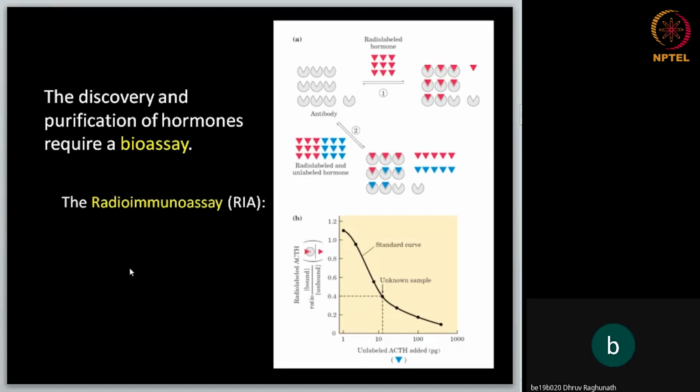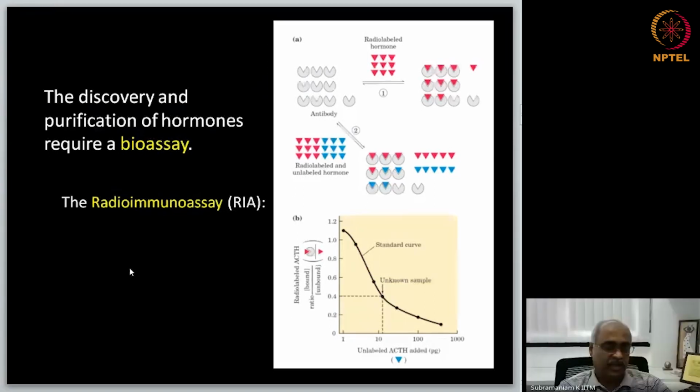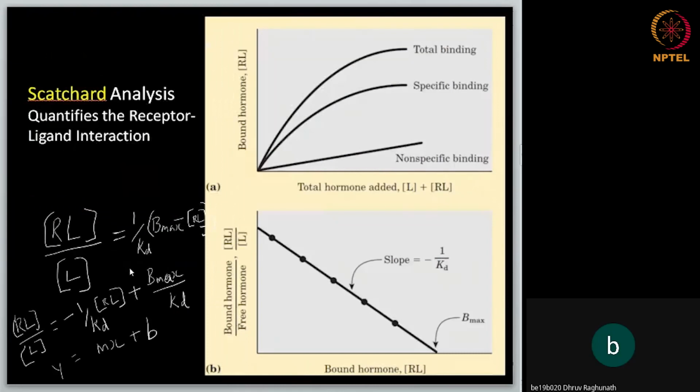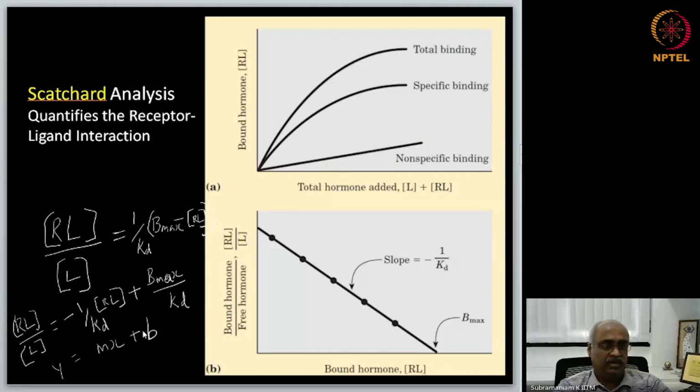Okay, sir. In the association constant that you defined for receptor and ligand, you said Ka is equal to RL upon R into L, and you defined it as K plus 1 by K minus 1. Are you talking about this one in this slide?